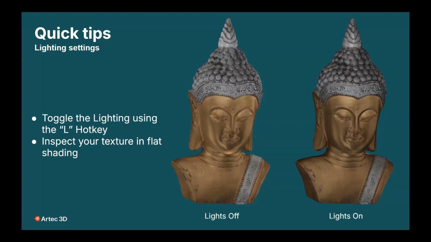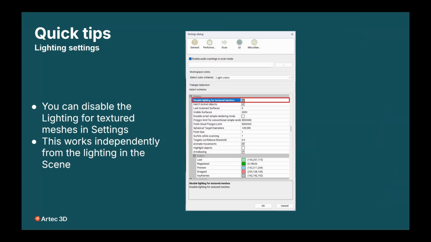That is why I would recommend to inspect your textures with lighting turned off, as you could see on the left. And here we can clearly see the shadows, the dark areas on the actual object rather than in the scene. And you could see that the reflections are way more prominent here. And this would suggest that we need to run the reduce glare in this case. So that is why it might be really convenient.